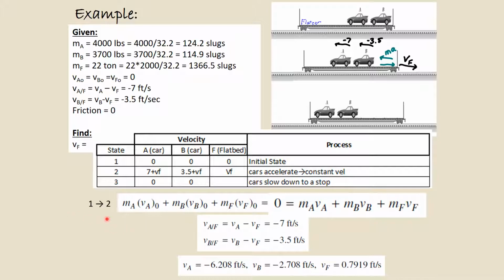Over here for the flat car, we can put in the relative velocities. Once you substitute this in, you can see that the cars are going to the left, which means the flat car has to move to the right. Study that, see if it makes sense, and then think through the implications of that center of mass sitting there at 0 through the whole process. That's what really allows us to link everything together, balance everything, and figure out what the whole system is doing.